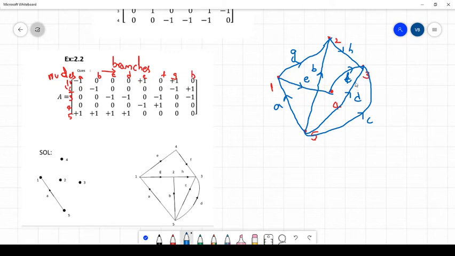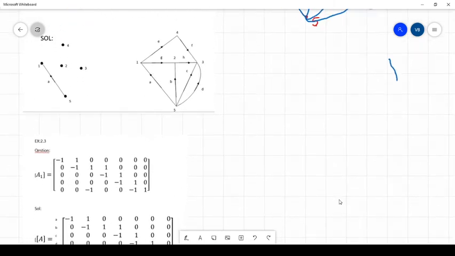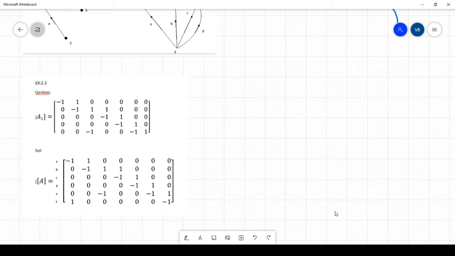So depending upon the nodes you take, you can get a planar graph or non-planar graph. There is no issue, but you should be very careful about the direction whenever you draw the graph for that particular incidence matrix.